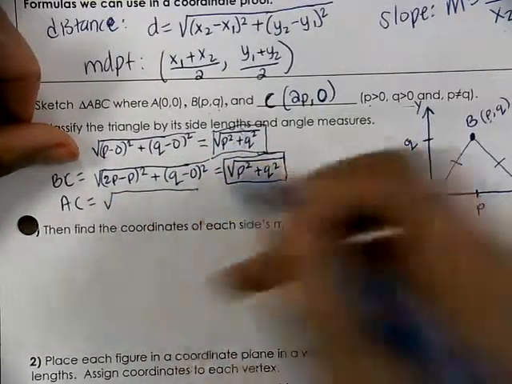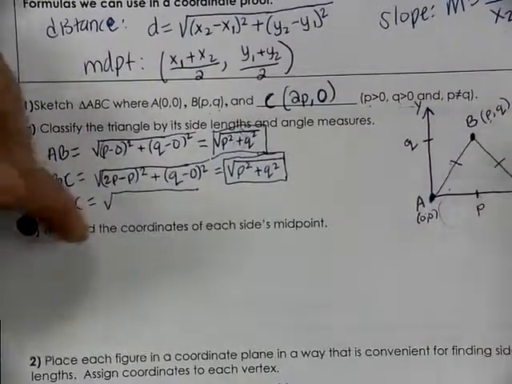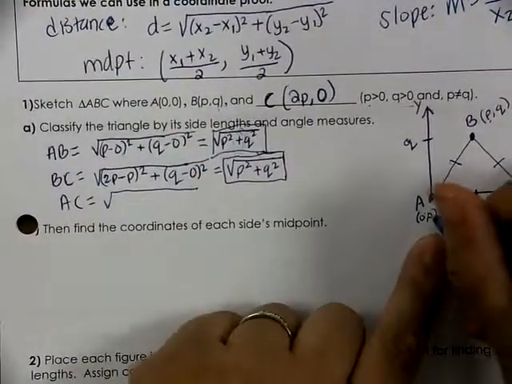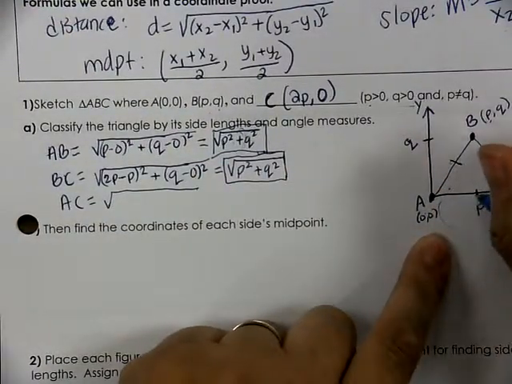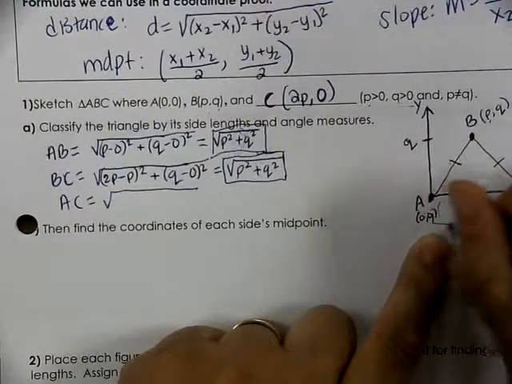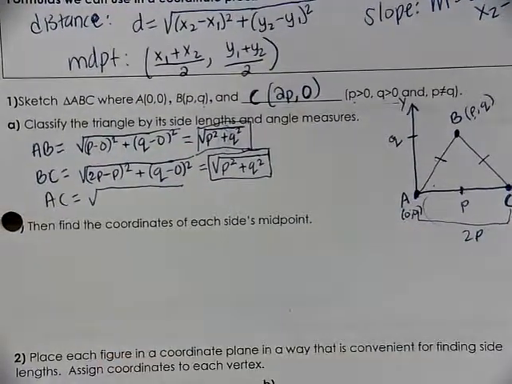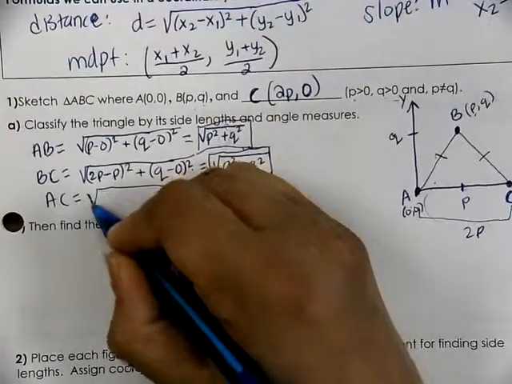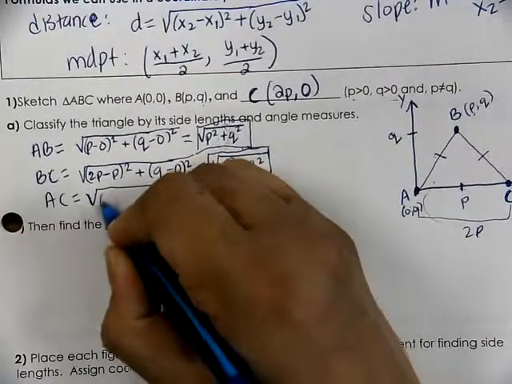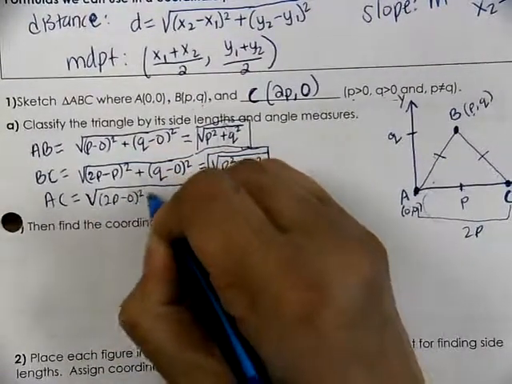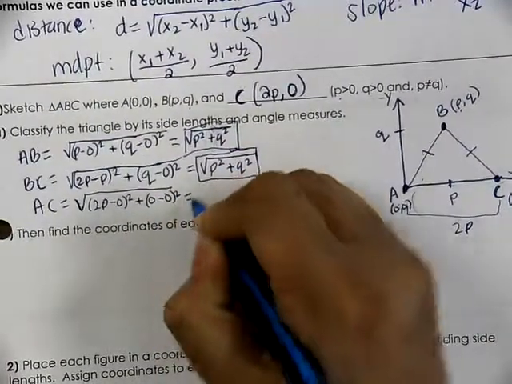So here's my third side here, A to C. If you want to use distance formula, you can, but if you notice here that this is p units to the middle and another p unit, so like all of this is 2p units, that's actually your side length, right? Because p is just some kind of measurement. But if you do want to use the distance formula, here's what it would look like. 2p minus 0 squared and then 0 minus 0 squared.